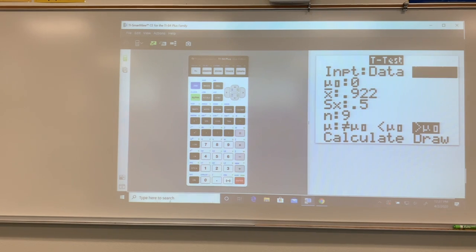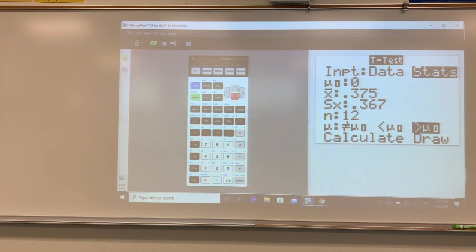And on t-test, 0 is going to stay there. I'm going to type in 0.375 because that was my average increase in manual dexterity. 0.367 is the standard deviation, and the sample size was 12. And greater than we're going to leave.